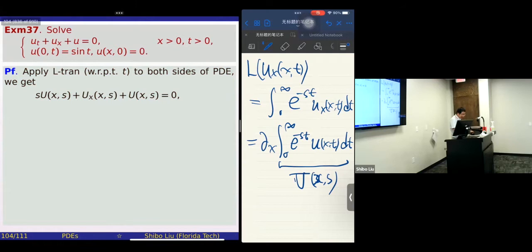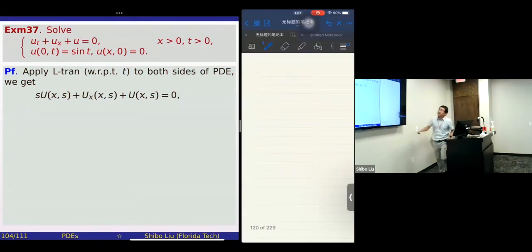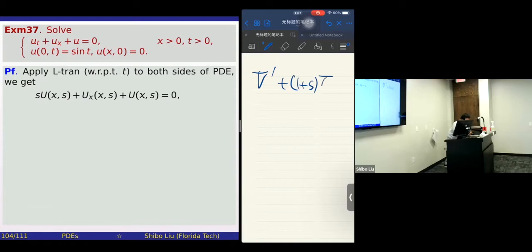This can be considered as an ODE. Since we have a derivative with respect to x, we consider this as an ODE for the variable x, and s is considered as a parameter. So this can be written as U prime, where prime means the derivative with respect to x, plus (1 plus s) U equal to 0.